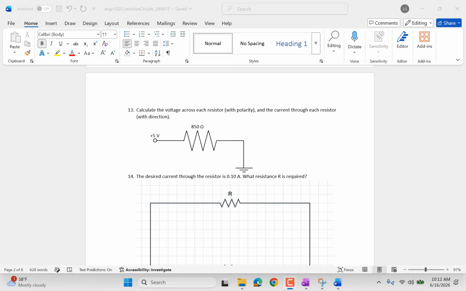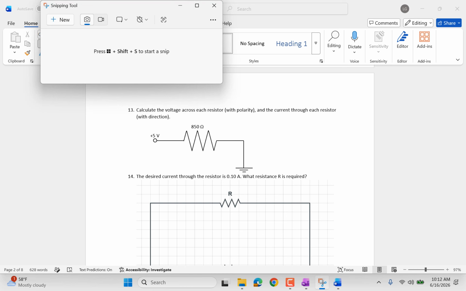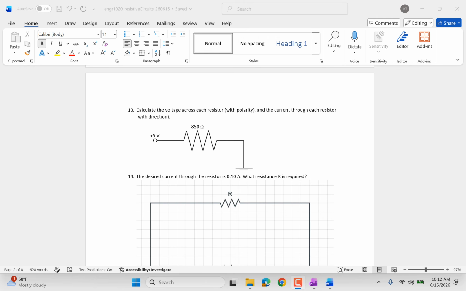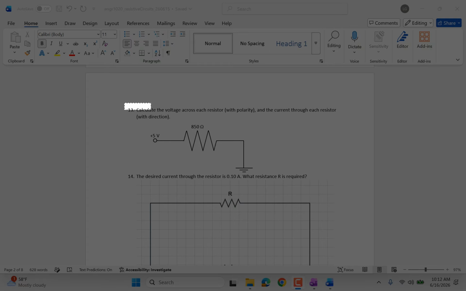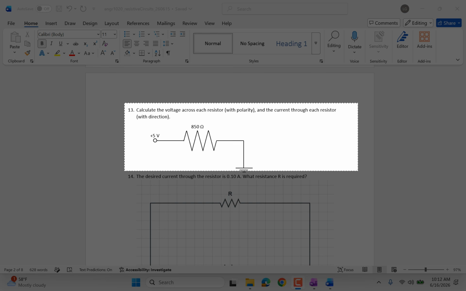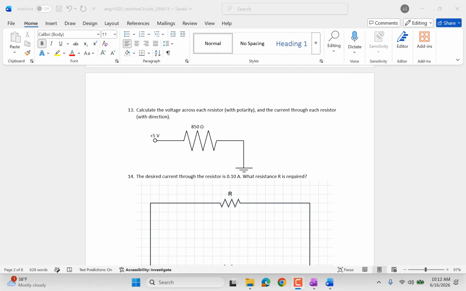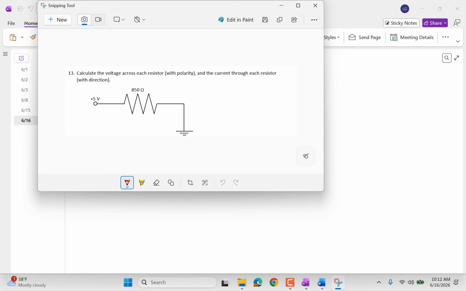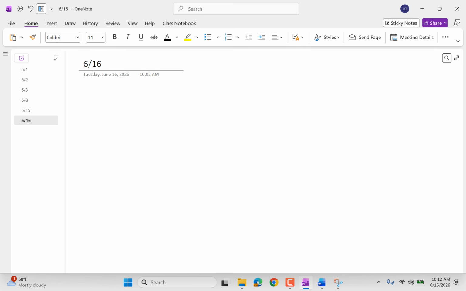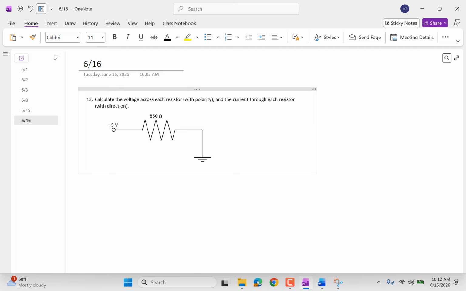So I mentioned this in class, but I didn't do an example in this form. So let's say that we have a circuit like this, and we want to calculate the current and the voltage.